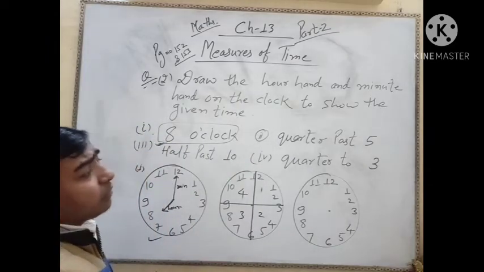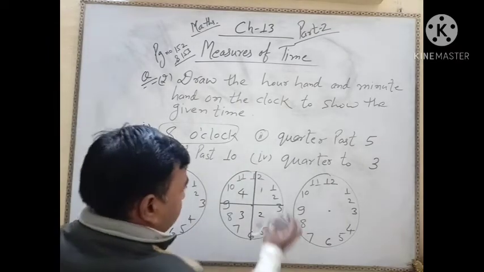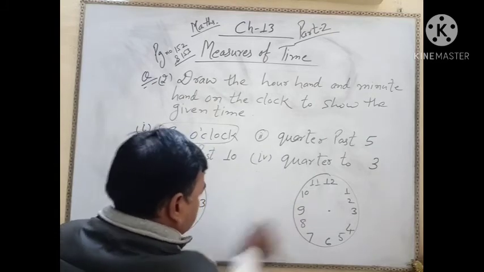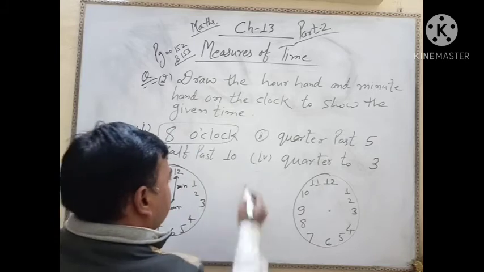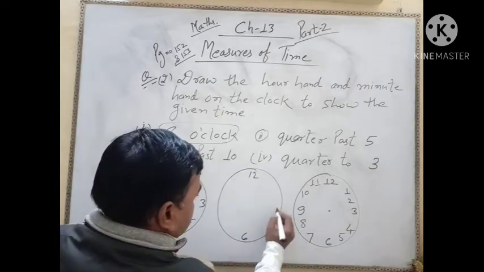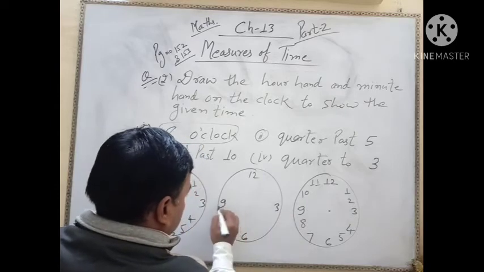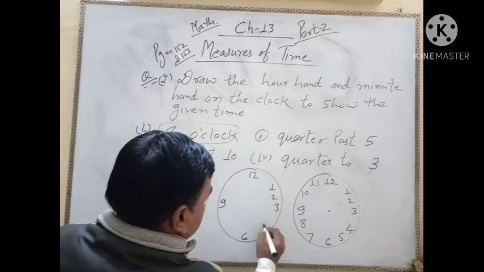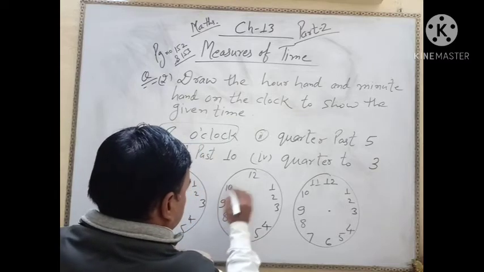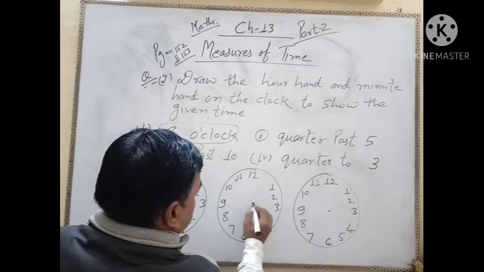Question number 2 is quarter past 5. 12, 6, 3, 9, 1, 2, 4, 5, 7, 8, 10, 11.